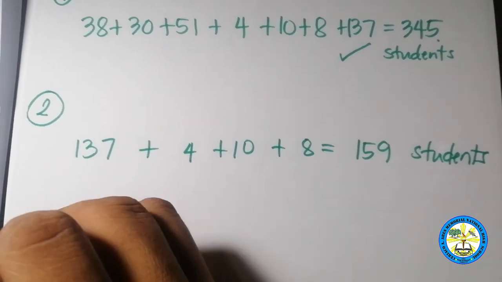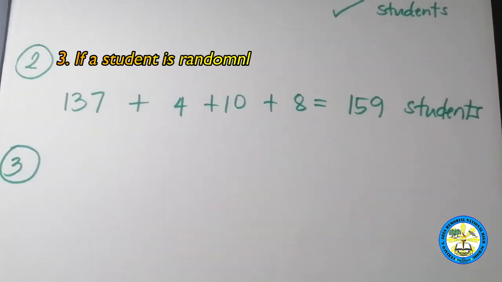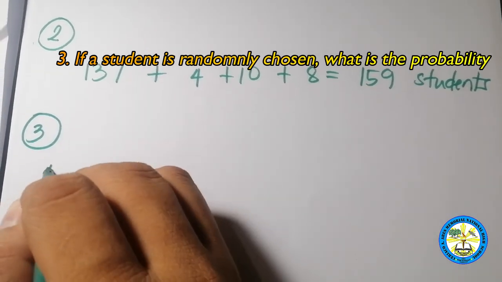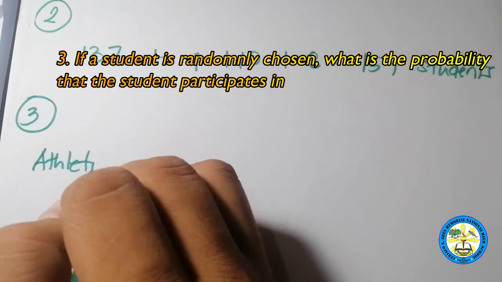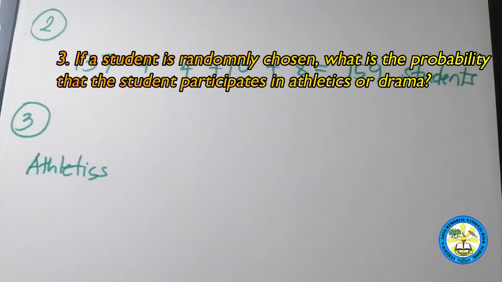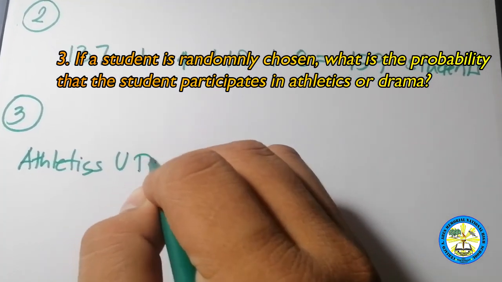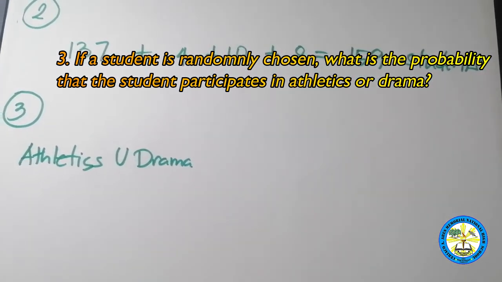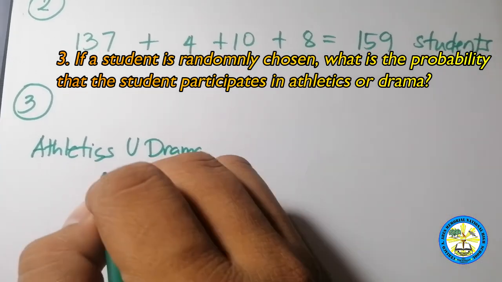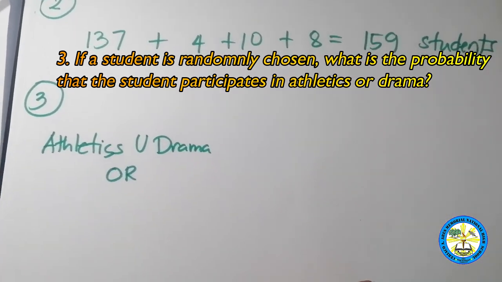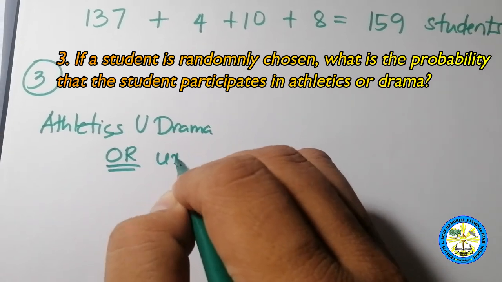For question number 3, if a student is randomly chosen, what is the probability that the student participates in athletics or drama? We need to find the union of athletics and drama so that we can identify the favorable outcomes. In terms of OR, we are talking about union.